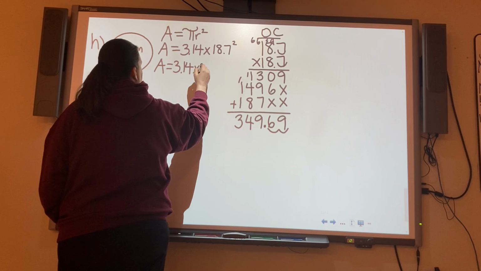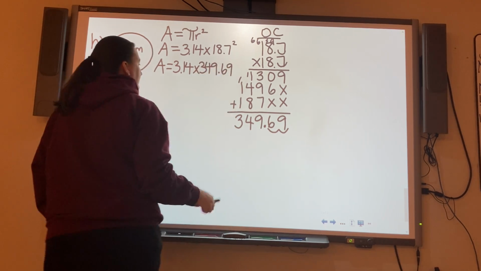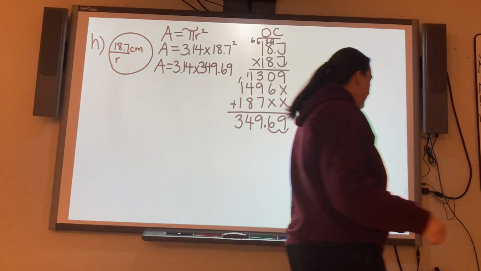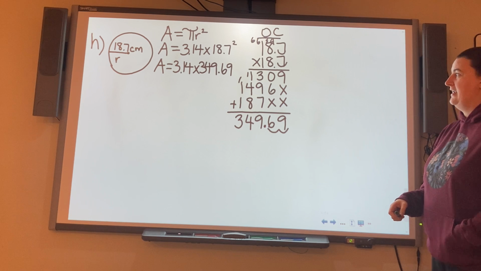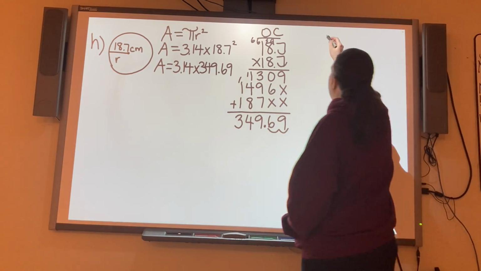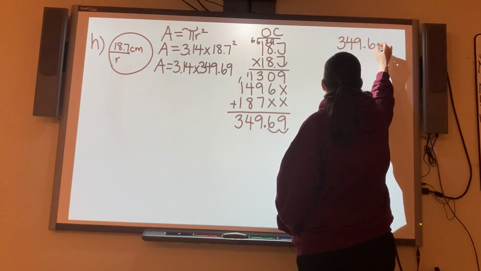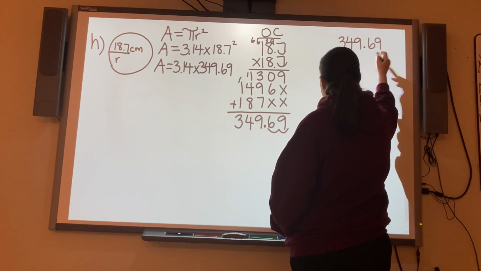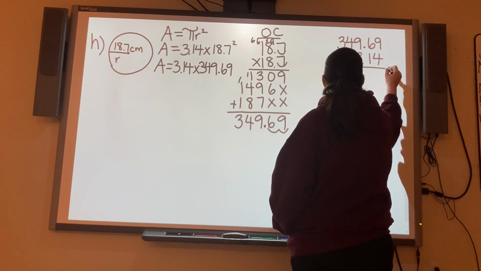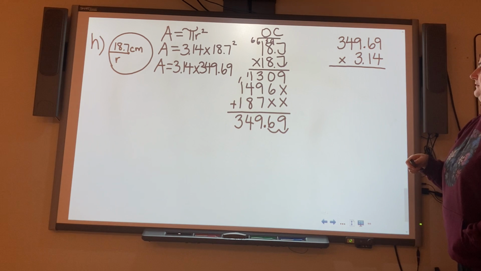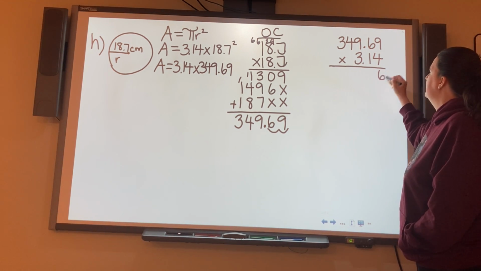3.14 times 349 and 69. So now, what we need to do is take that 349 and 69 and put that one on the top, because it has the most digits, and then put your 3.14 on the bottom. All right, so 4 times 9 is 36.